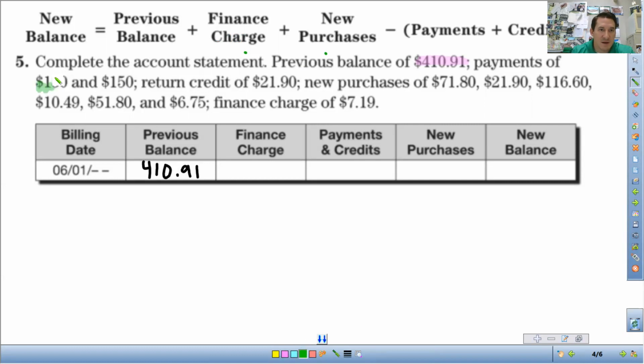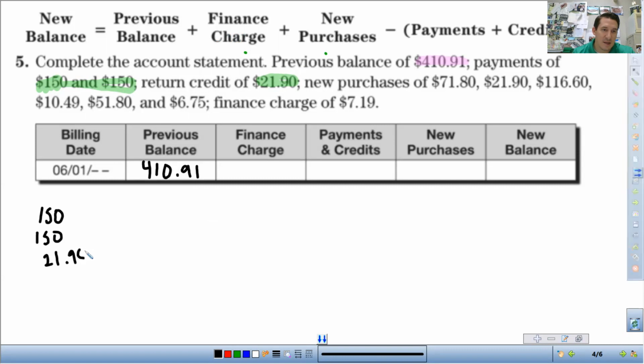So we made payments of 150 and 150 and a return credit of 21.90. So if we add all those up, 150 plus 150 plus 21.90, put in some decimals here, that comes out to 321.90.